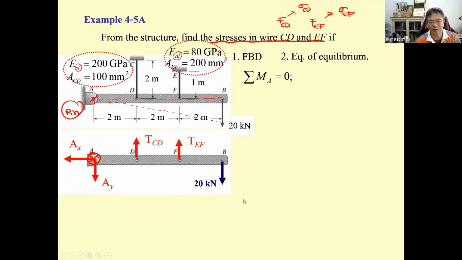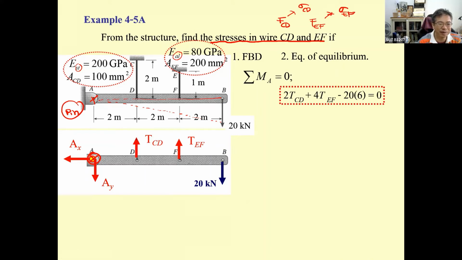And then you have summation of moment about A. This is going to be counterclockwise. Let's say counterclockwise is positive: T sub CD times 2 meters, T sub EF times 4 meters, and then 20 kilonewton is negative, opposite to this direction, 20 times 6.